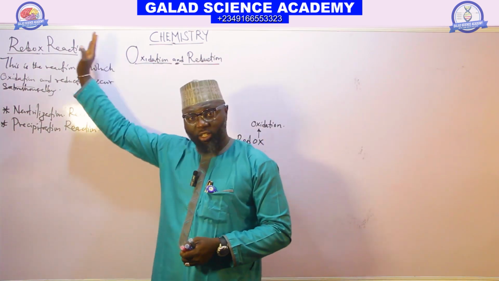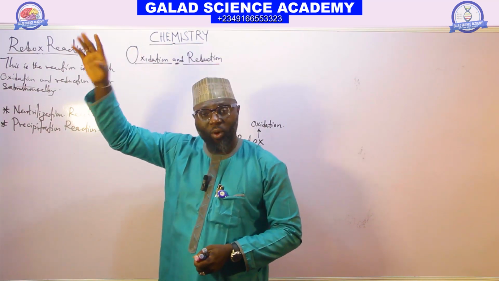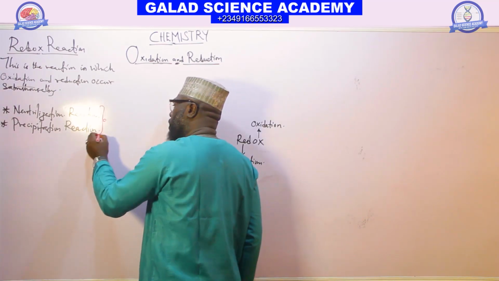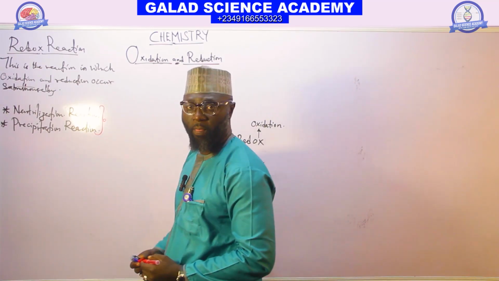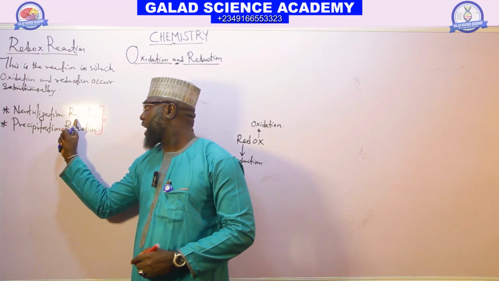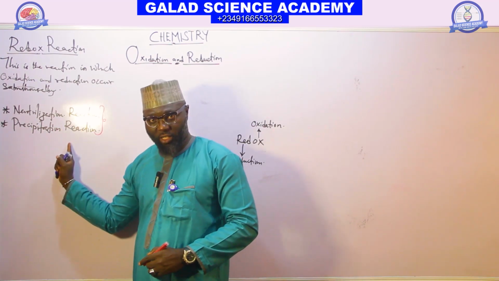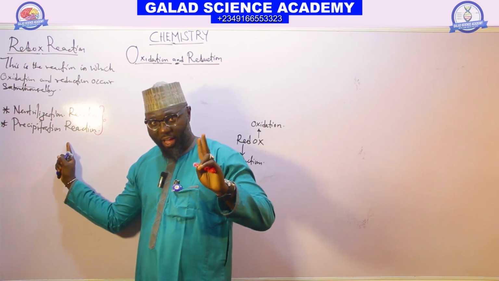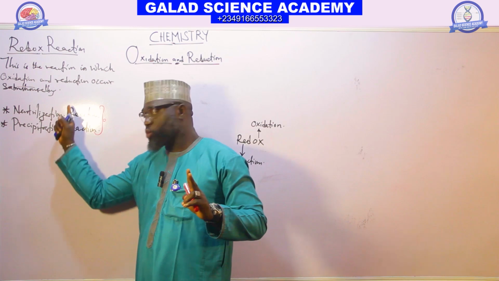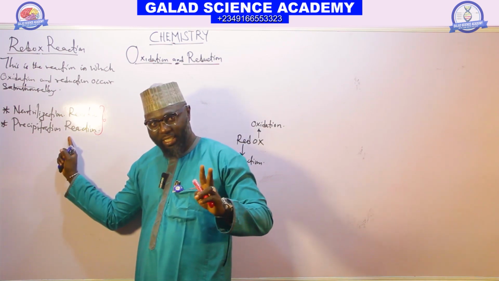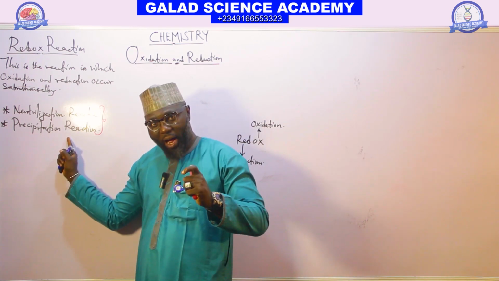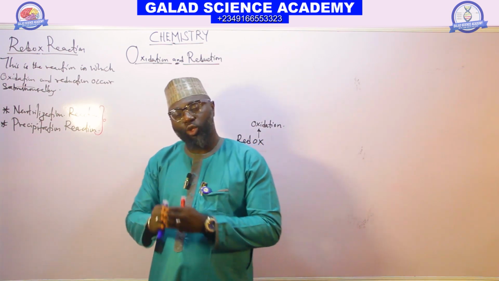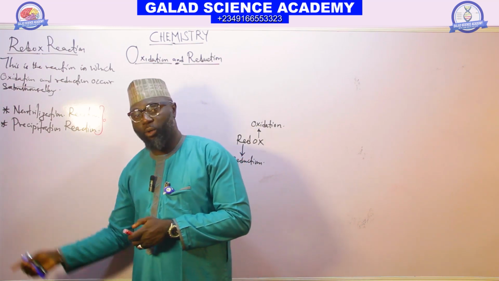See, redox reaction takes place in most chemical reactions except these two: neutralization reaction and the precipitation reaction. That is, no electron transfer in these two reactions. That is, the oxidation number of all the elements at the reactant side is equal to the oxidation number of all the elements at the product side.